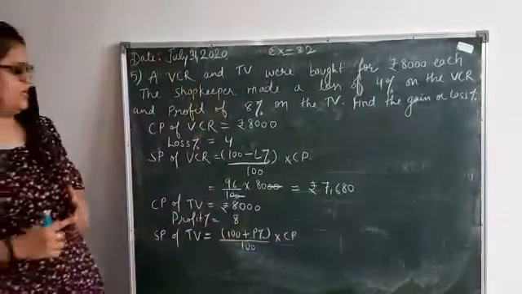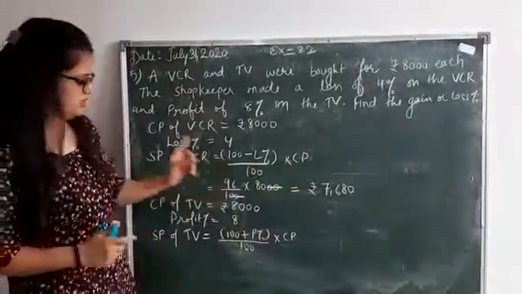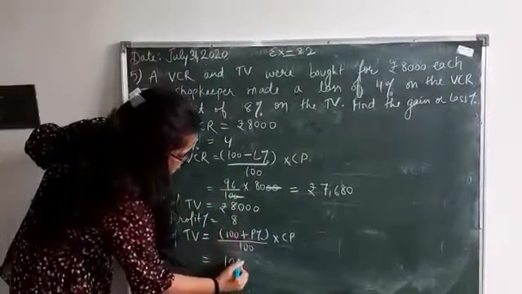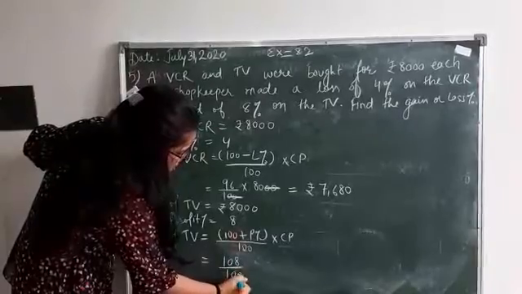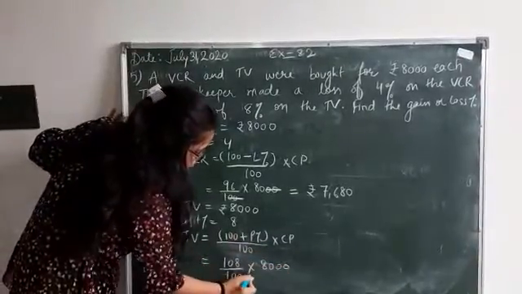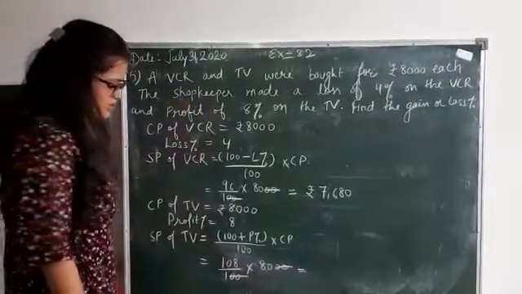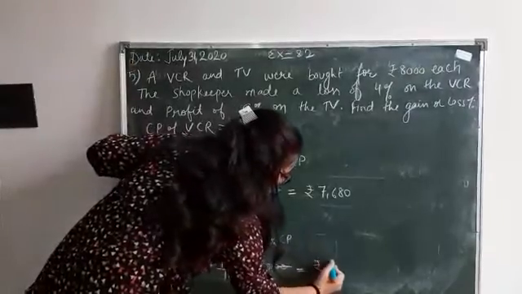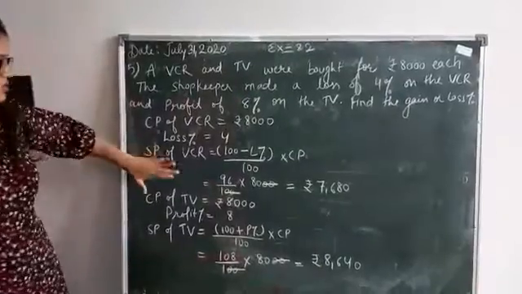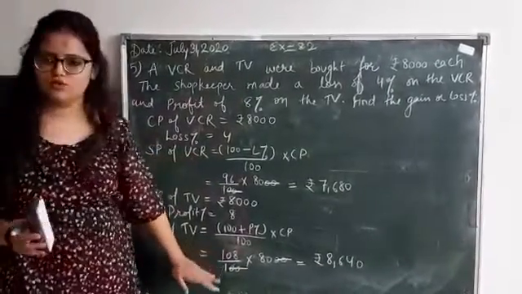Every time when you apply any formula in this type of question, formula should be mentioned. It is equals to 100 plus 8. 100 plus 8 means 108 upon 100 and multiply by CP means 8000. Two zeros cancelled and multiply 108 with 80. You will get rupees 8640.